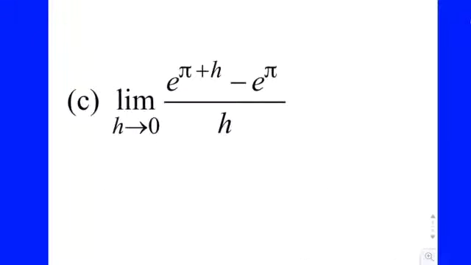All right, do this one. Identify the function whose derivative this represents and the value of x at which it represents it. Good.